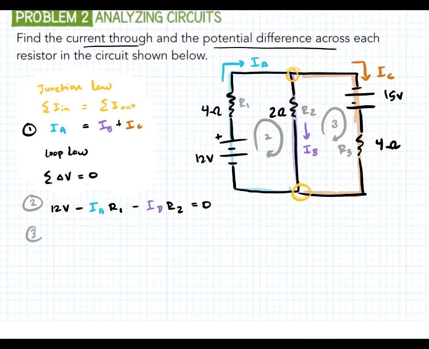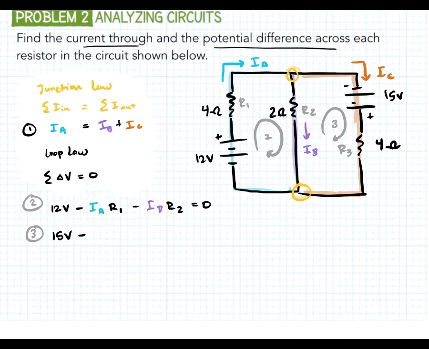Well, now we're going to do loop 3, and let's start with the battery. That's usually a pretty good place to start. So we have 15 volts because we're going, once again, from negative over here to positive over here. As we travel through from negative to positive, that gives us a positive voltage. We don't care which direction the current's going for batteries. Then we get to R3, and we're going the same direction as current.